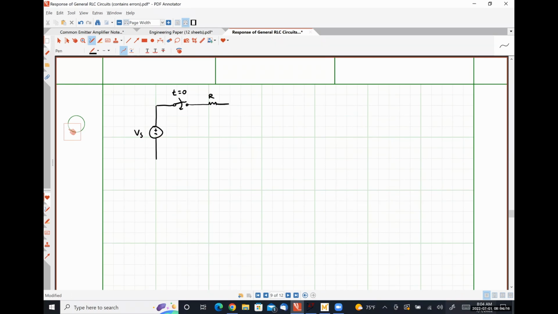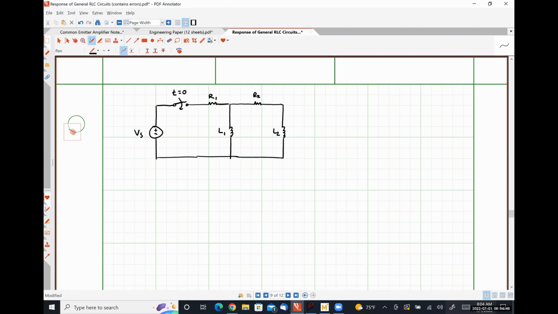connected to some resistor R1, and we're going to have an inductor L1 here. A resistor R2 here, and an inductor L2 here.